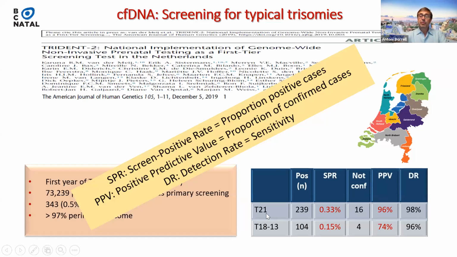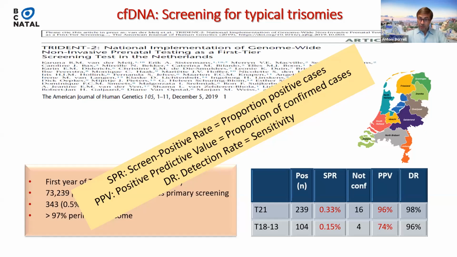Here we can see that for trisomy 21, the screen positive rate is 0.33%, so less than 1%. Remember that for the combined test it was about 3%. So this is 0.3%, 10 times less. And for trisomies 18 and 13 it is 0.15%. So definitely very low screen positive rates.